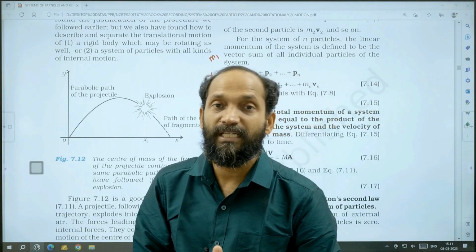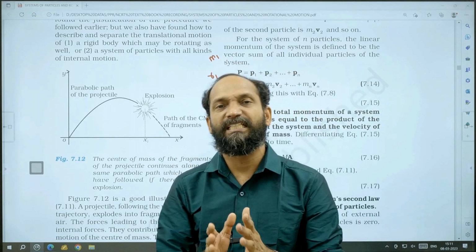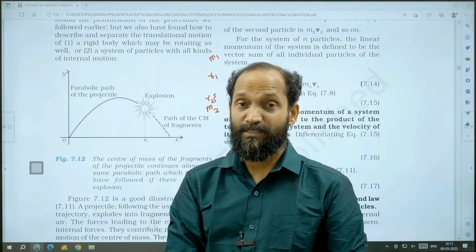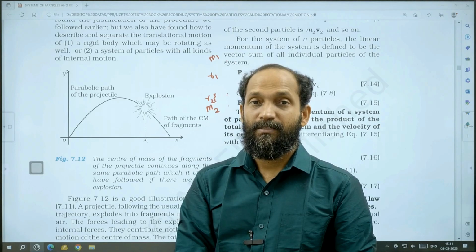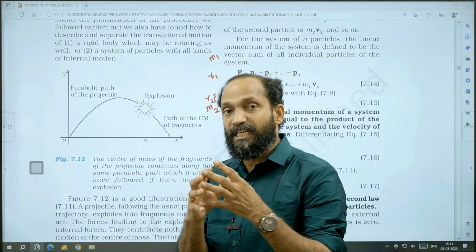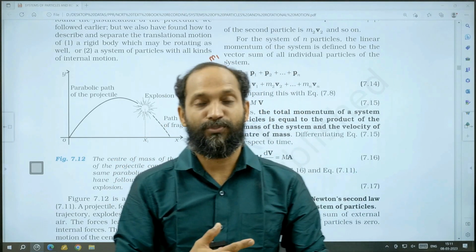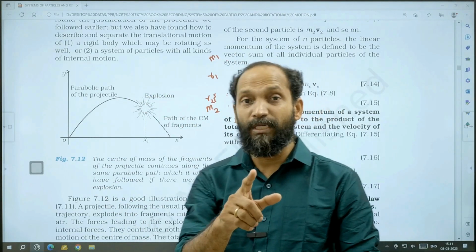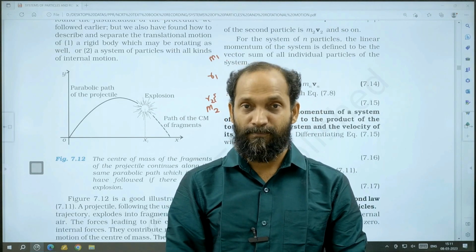Internal force cannot make any change in the trajectory or state of the center of mass. With respect to the center of mass, that exploding force is an internal force. That's why the center of mass will follow a parabolic trajectory even after the explosion.